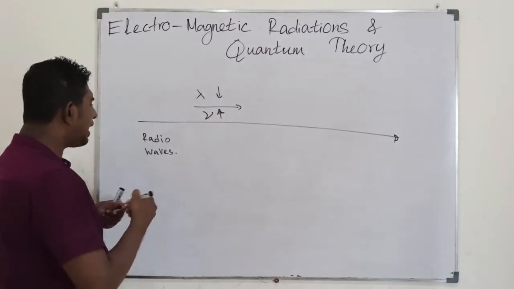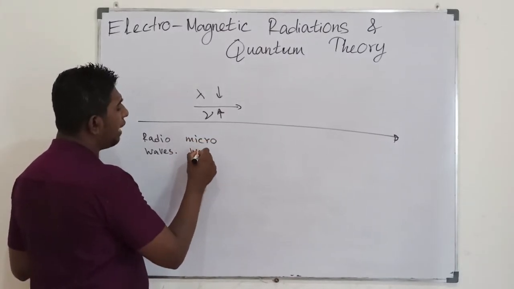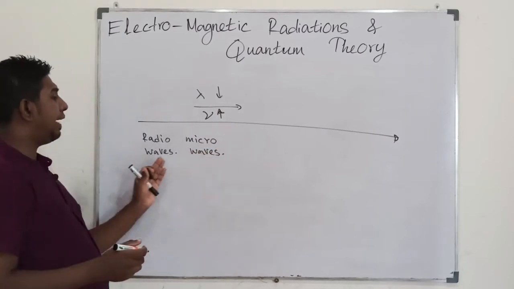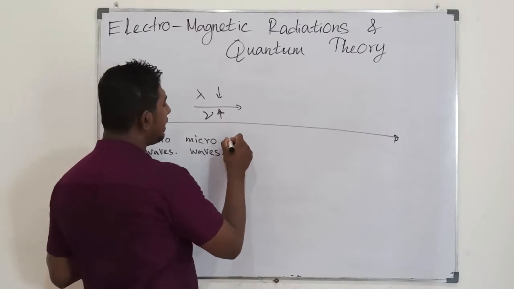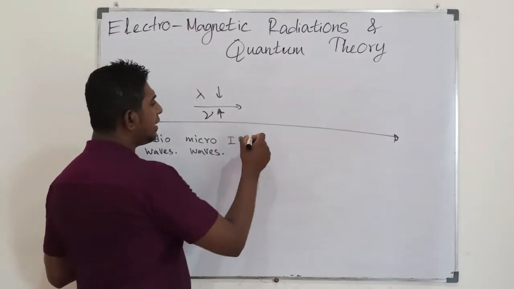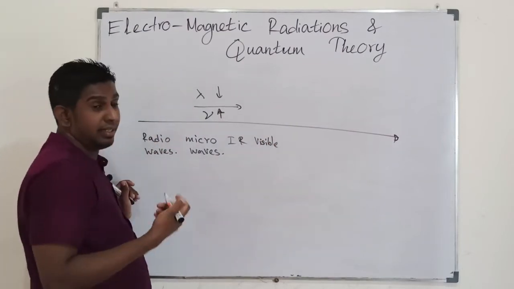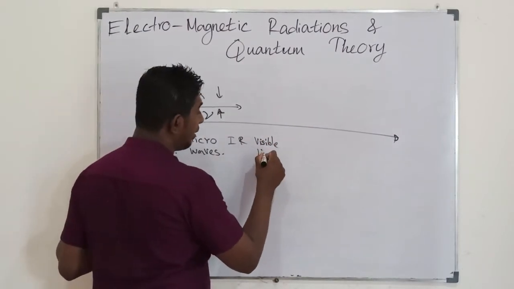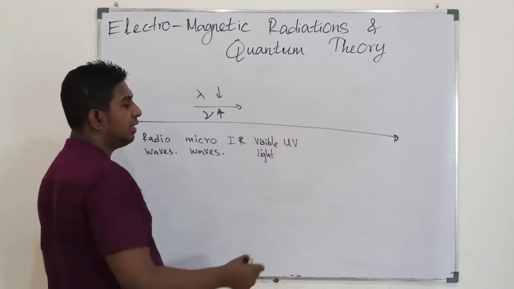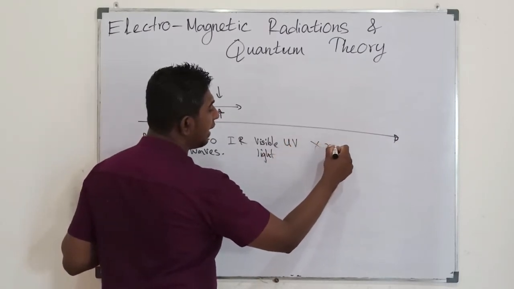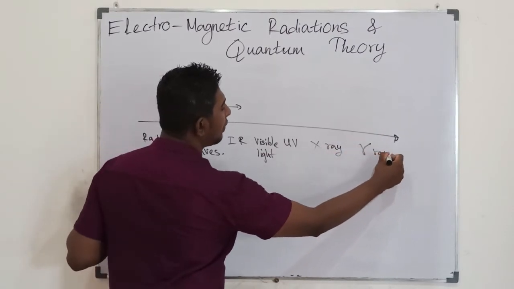Then what you get next is microwaves, having greater frequency than radio waves. Then further it is infrared. Then next is visible light. Next is ultraviolet. Next is X-rays. Next is gamma rays.